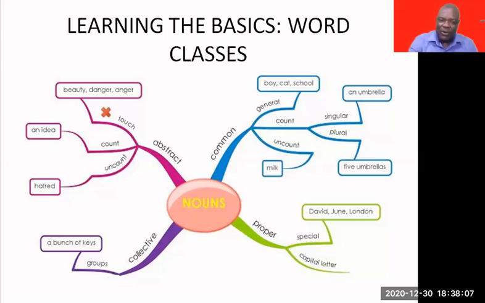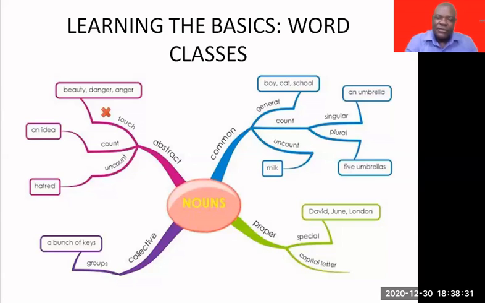We can talk of a bunch of keys, you know. So that's just about one of the word classes, and we have different other word classes that give you a picture of the basics of English grammar and possibly where you can make your starting point.